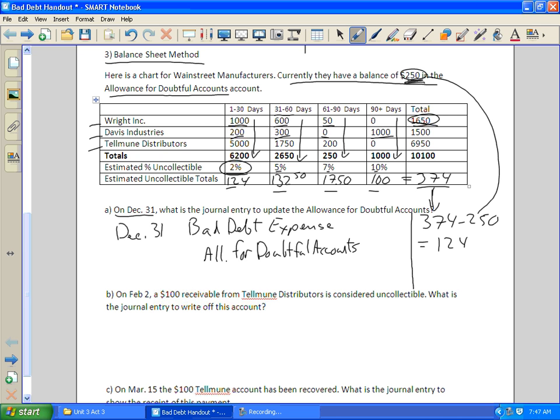And we are going to debit the expense for $124, and you'd credit the allowance for doubtful accounts. And this is to update the allowance balance. I'm going to write that very short form because I'm running out of space. That's what happens on December 31st.